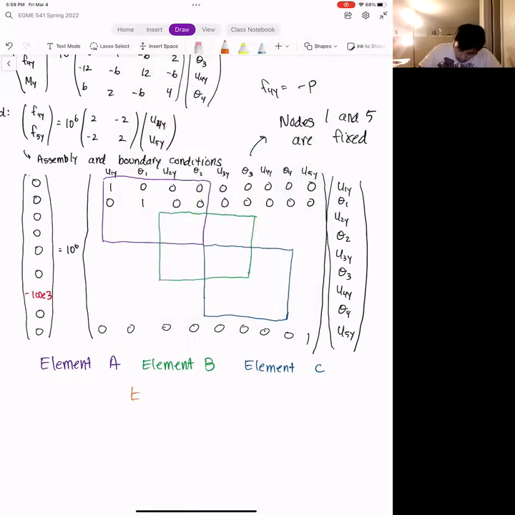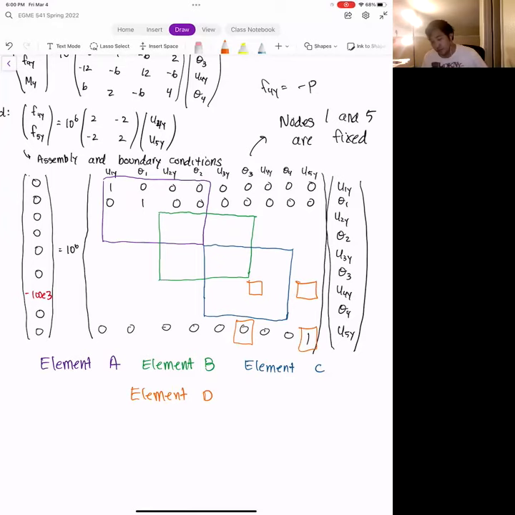Element D is a spring, and so the spring is only going to be acting on the U4Y and U5Y. That's going to be this one right here, this one right here, and this one right here.